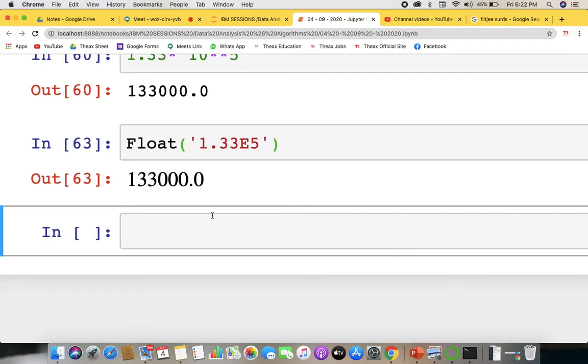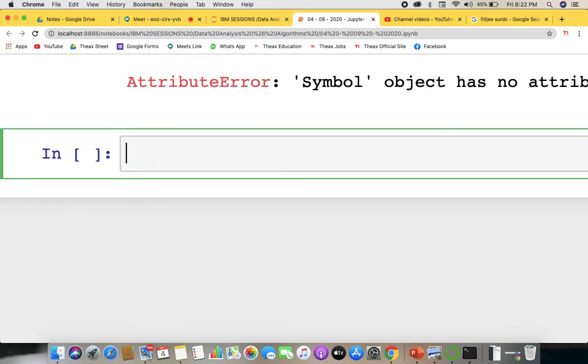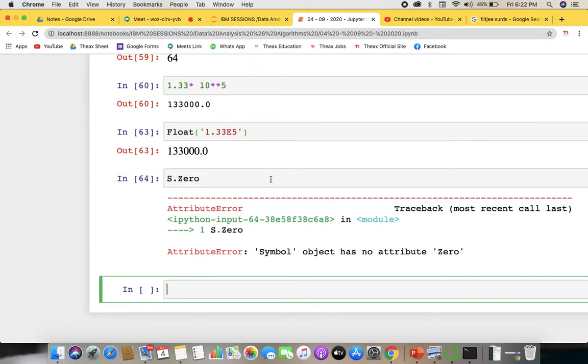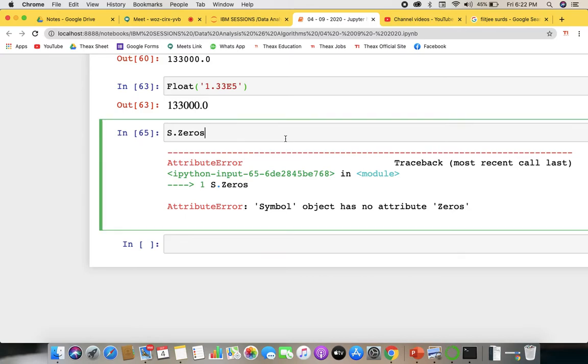Now, you have learned about the zeros, ones, and all. So let's see, if I write S dot 0, is that a small letter? It is not defined. I have imported everything.